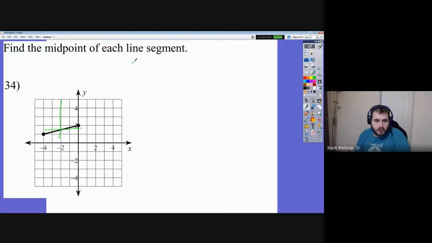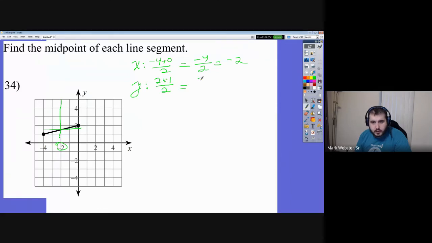And then we can double check to make sure that this is right by doing the algebra. So we've got -4 and 0, all divided by 2, and we add them up and we get -2, and that's what we got here. And we're going to do the same thing with our y value. 2 and 1 are our y values.